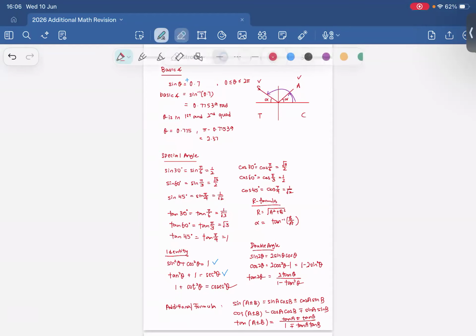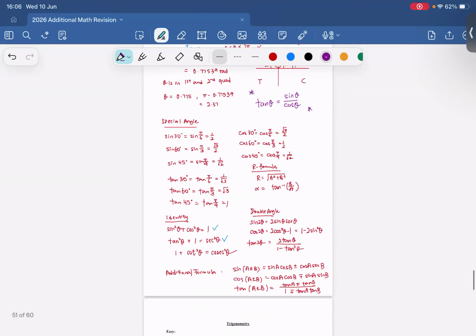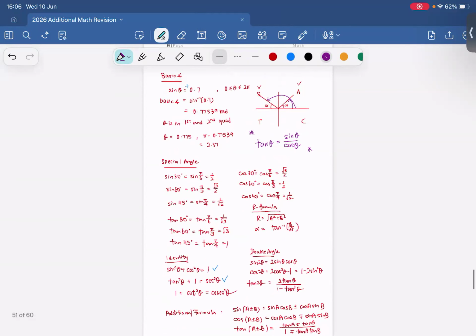Very important one: tangent theta equals sine over cosine. This one is not given to you, you must know. Okay, if not, go and try some questions. Try the first question first. We'll come to it soon.